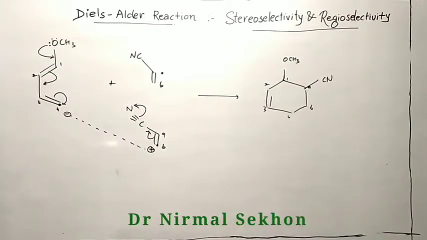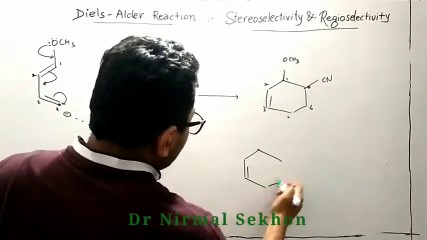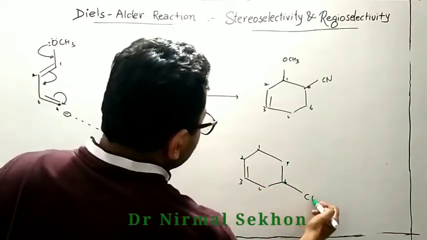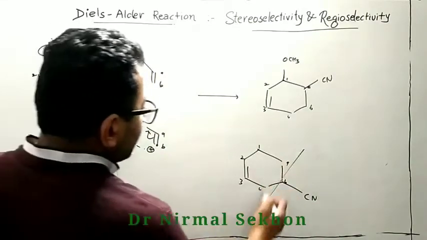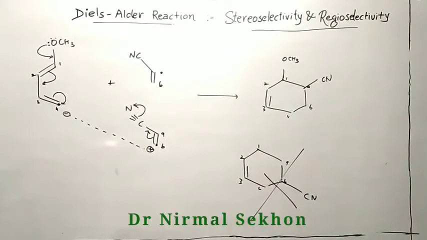Now in this case, the opposite product, if you say this product is formed, that is not possible. Or 1, 2, 3, 4, A, B with CN here, that is not possible. So this is about the regioselectivity of the reaction.